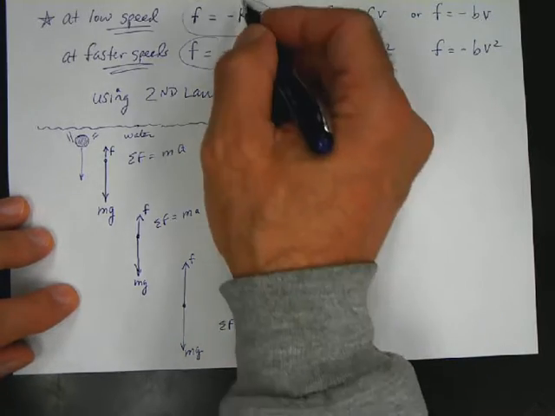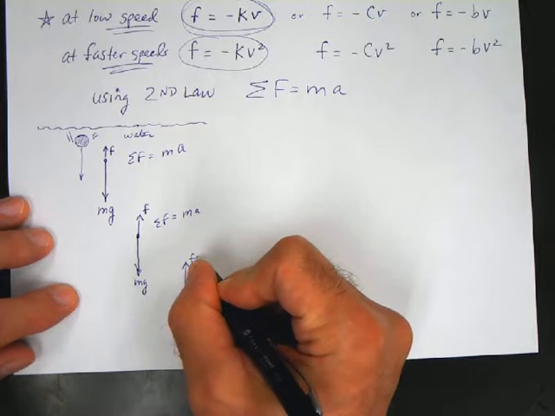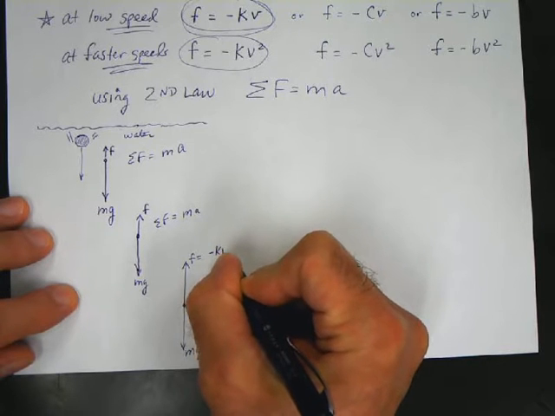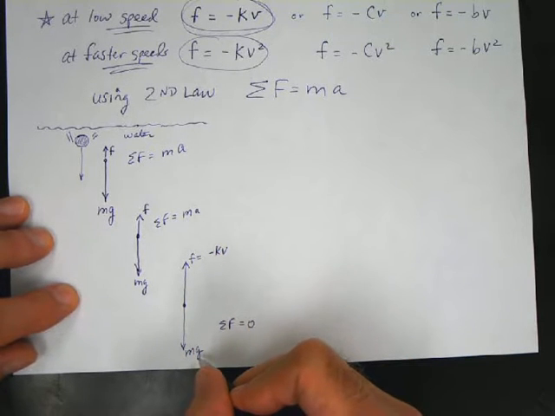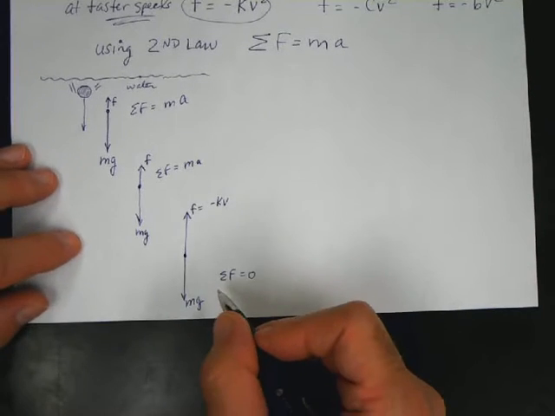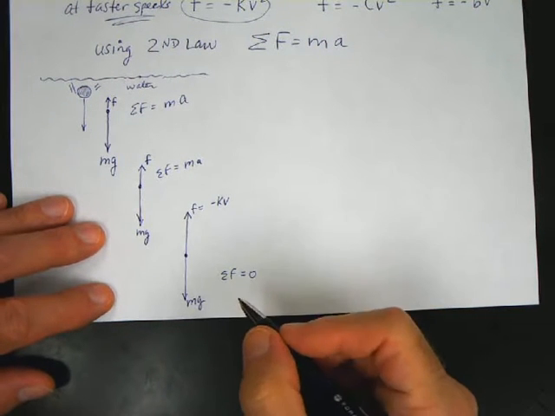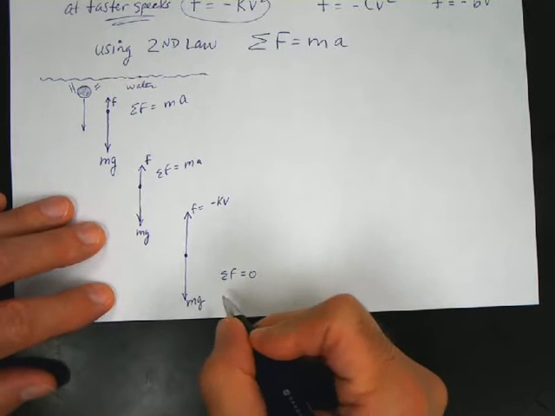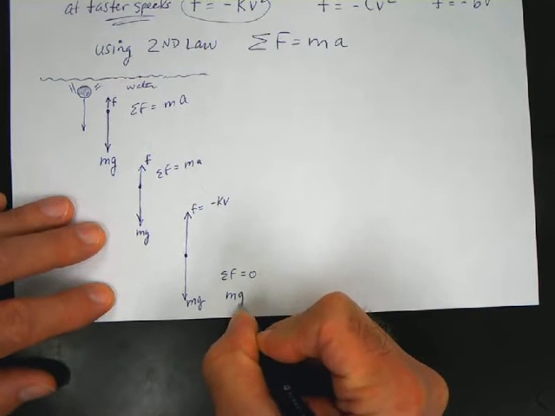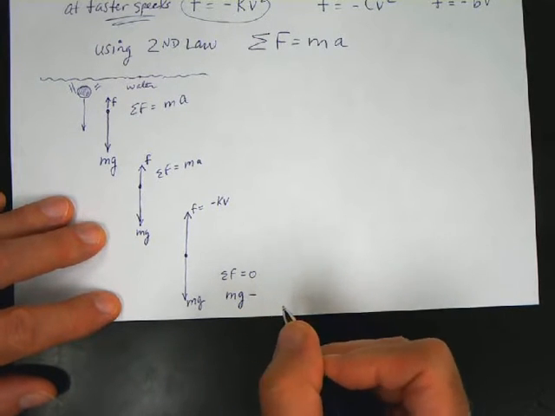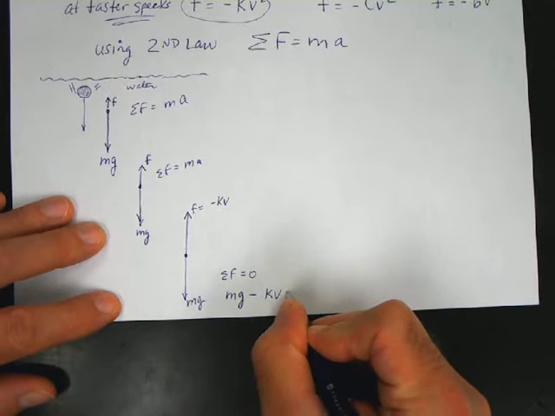Now what is F? Well, we picked this as our relationship, so I can say F was equal to negative kV. This is mg, right? So if we use our relationship, sum of the force equals 0, we have mg plus a negative, or minus, kV equals 0.